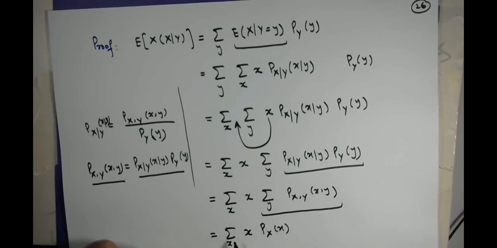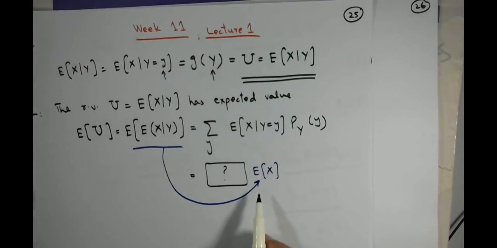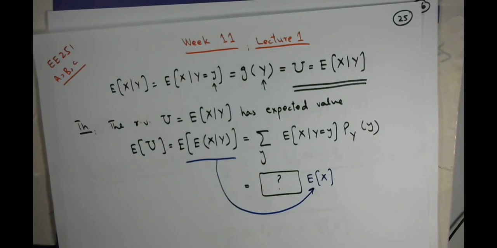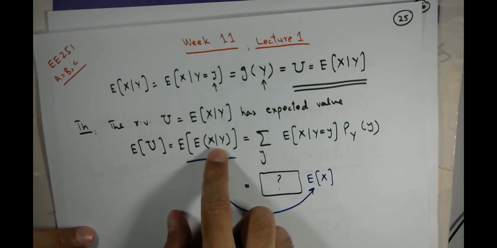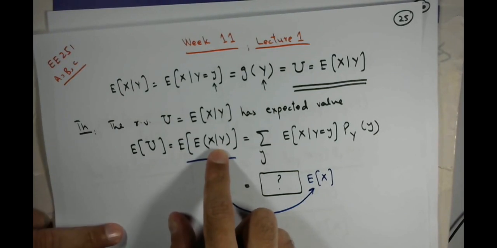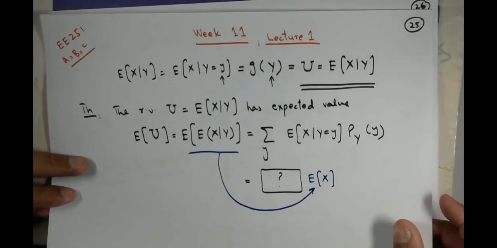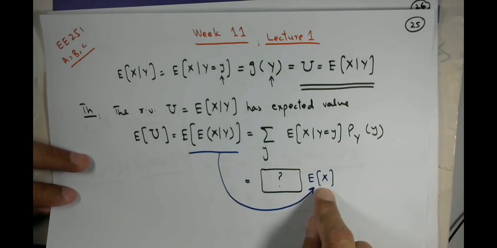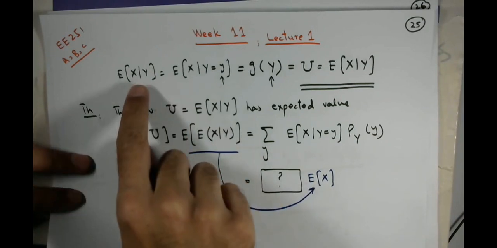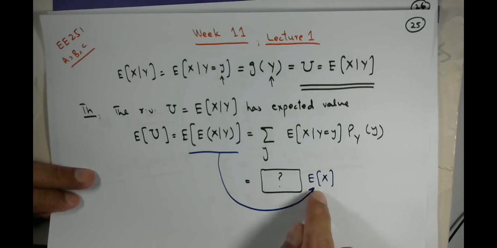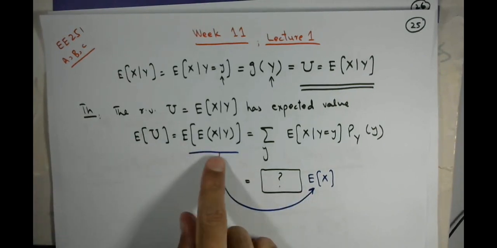But again, you see now, summation on x times p sub x can be written as the expectation of x, and this is exactly what I told you. So you see the importance of this theorem. When you have to find the expectation of a conditional expectation, you do not need to go into finding and calculating all these things, you simply can take the expectation of x, the expectation of the parent random variable x, and this will be exactly the same expectation as this.